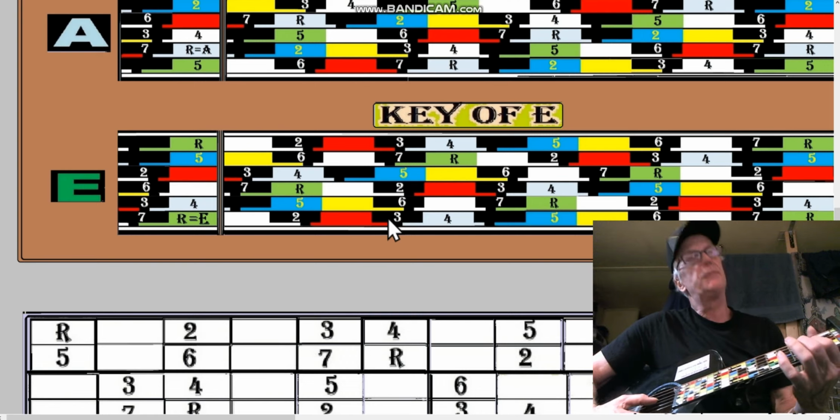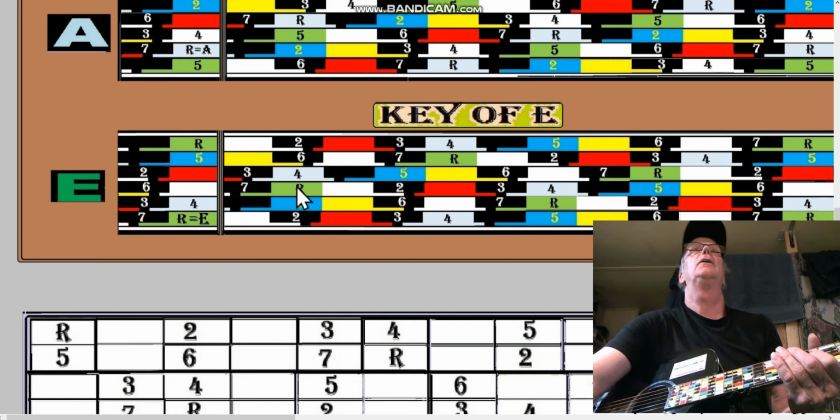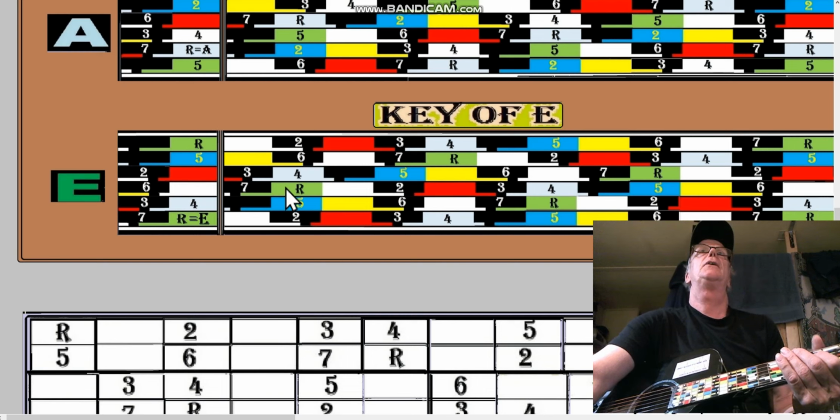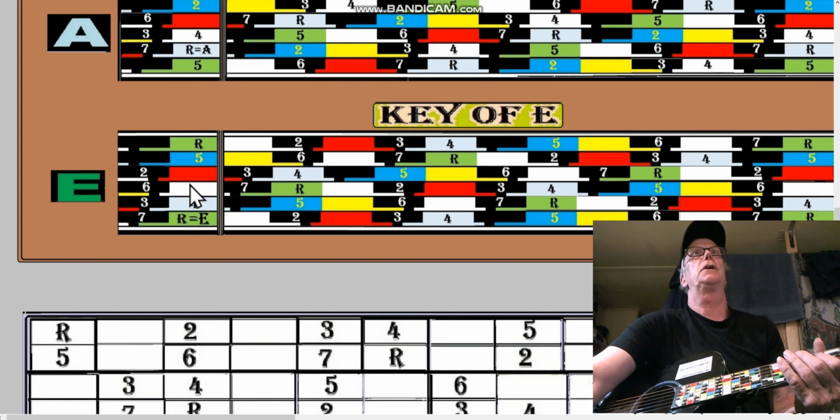Now from this E right here, if I drop that down to root, it's going to go to the 6th here. Remember, it's the key of E, not the key of C. So this 7 flat here, or 6 sharp, is a no play. We're not going to play that one.